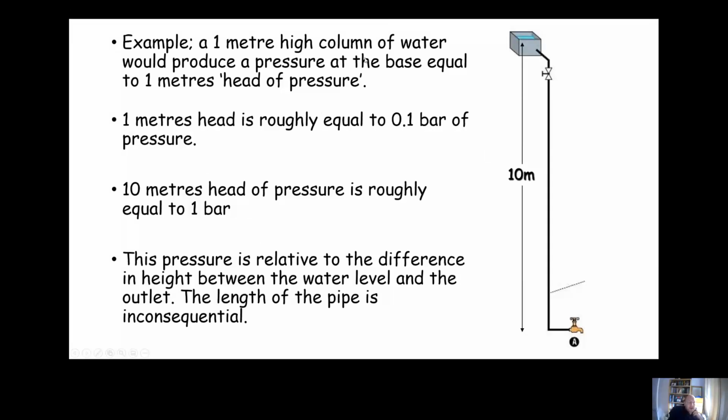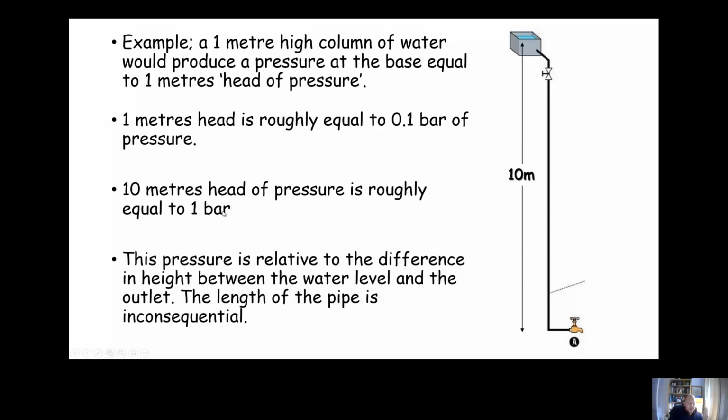Okay, 1 metre's head of pressure, a 1 metre high column of water, would give you roughly just under 0.1 bar of pressure. So 10 metres head of pressure is equal to roughly a tiny bit under 1 bar. But to all intents and purposes, this is what we need to know for practical purposes.